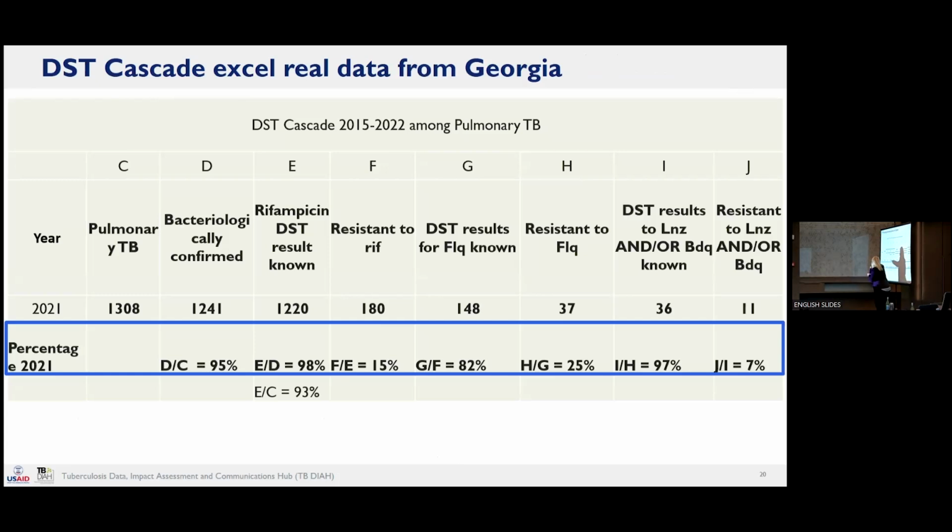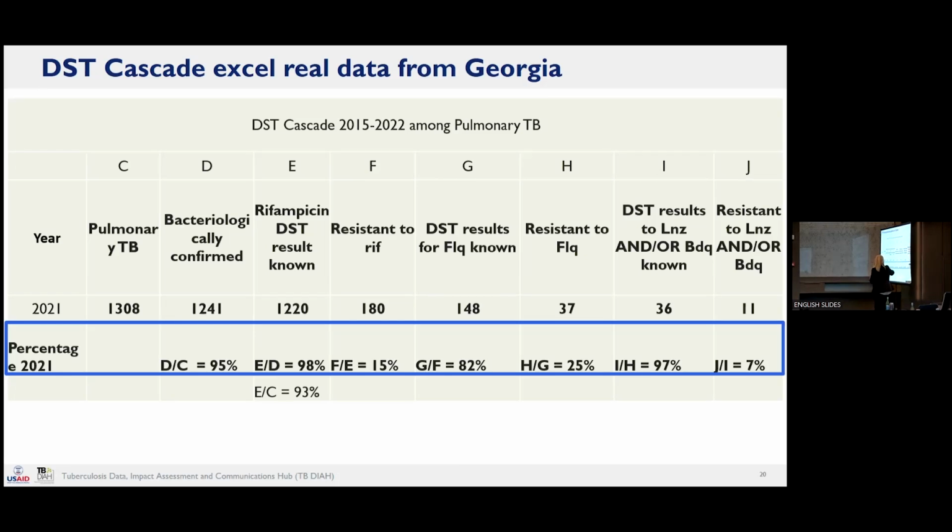But for that, we will need an additional row here. The bars and the graph will be from this row, but to have percentages, we have to calculate. So I can show you, 95% bacteriologically confirmed, 98% rifampicin DST result known.